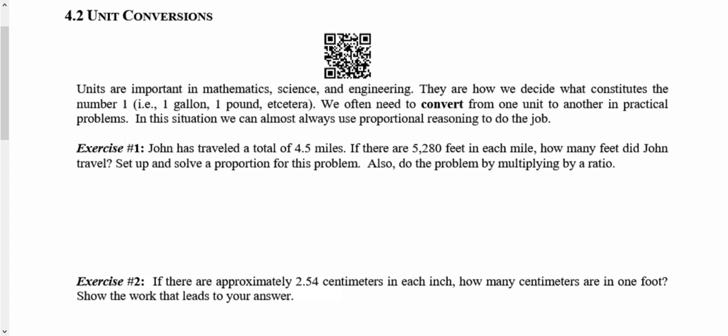All right, so let's try it as a proportion, like we just learned. And then we'll do it as unit conversion like we did before, right? So there's 5,280 feet in each mile, okay? And they want to know how many feet, right? So that's what we want to end up with as our answer.